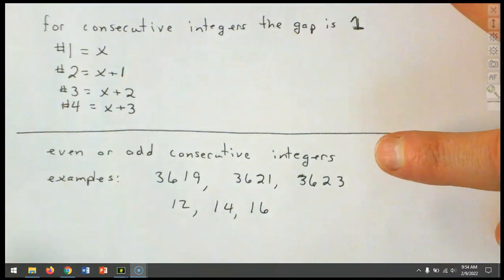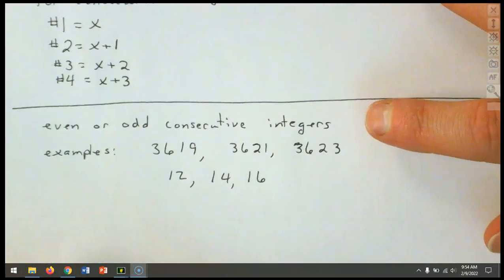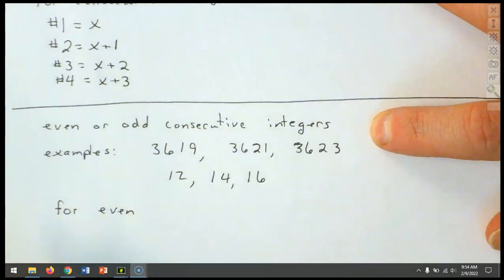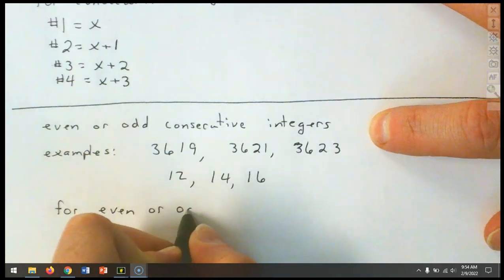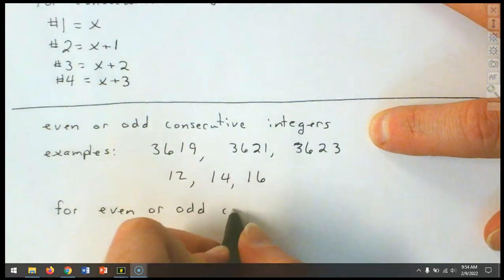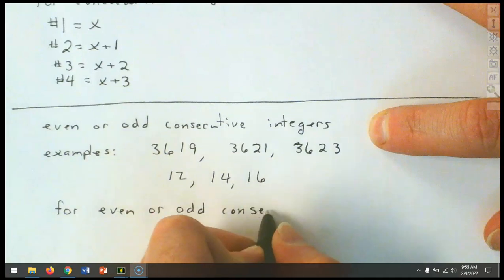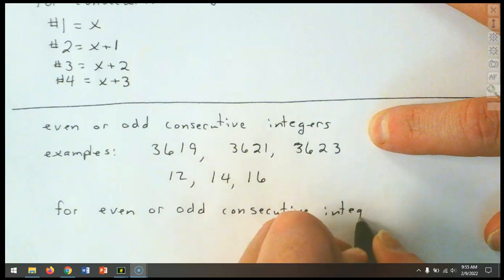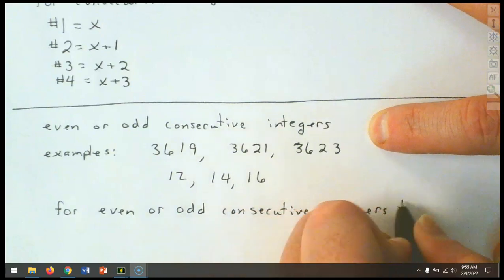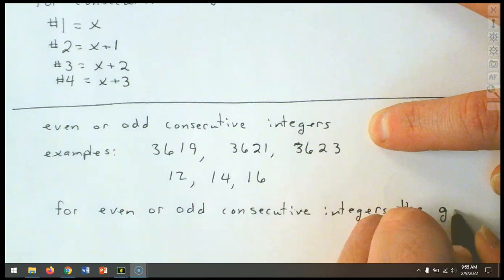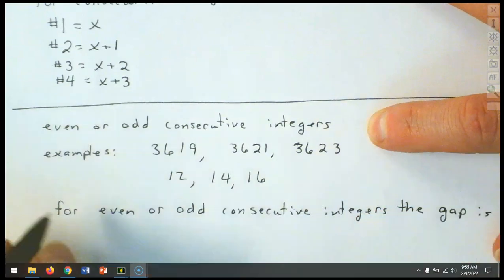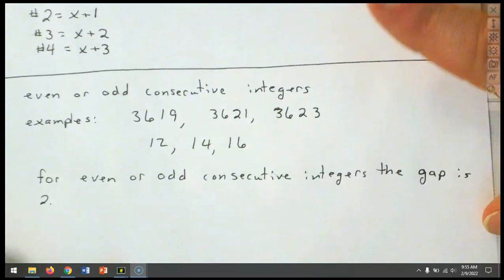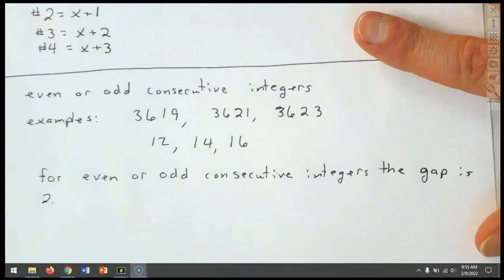So even or odd integers, consecutive integers have a gap of 2. So for these, the gap is going to be 2. So for consecutive even or odd, we have a gap of 2.